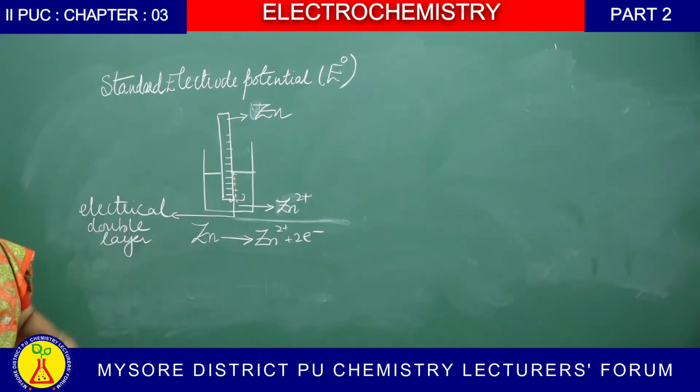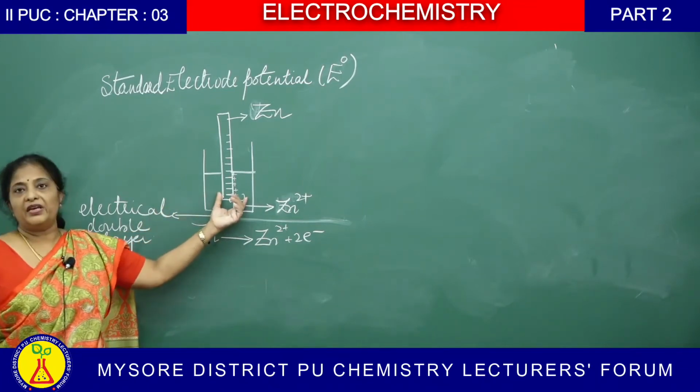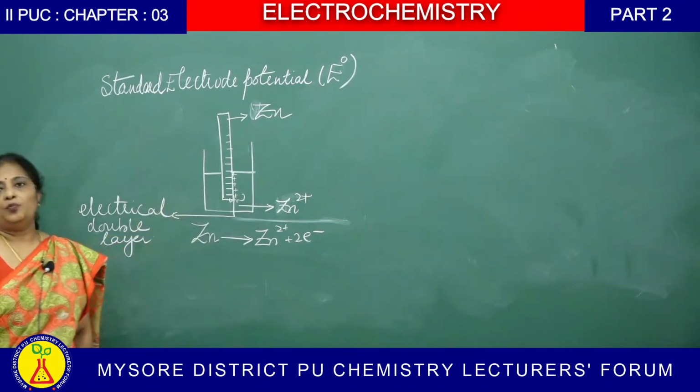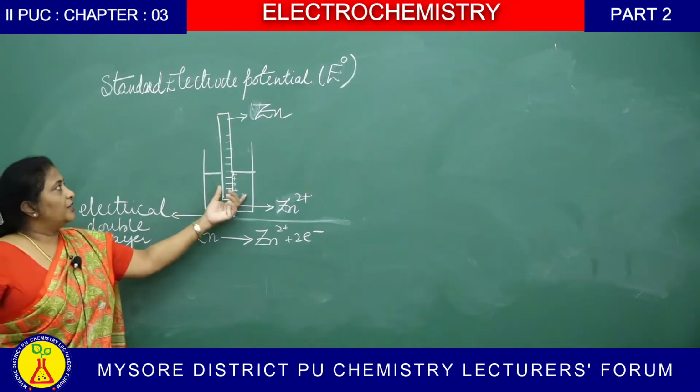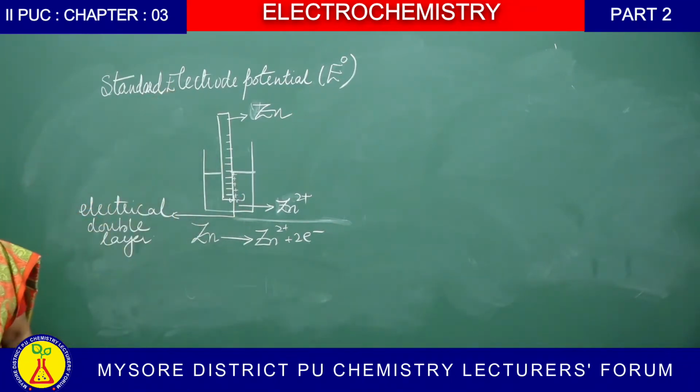If there is an electrical double layer, definitely there is going to be a development of potential, and that potential is what you call the electrode potential.